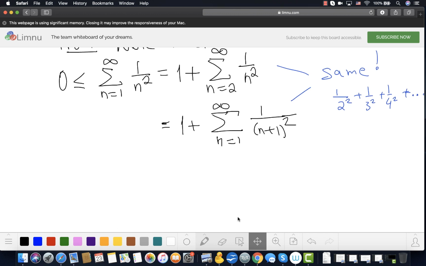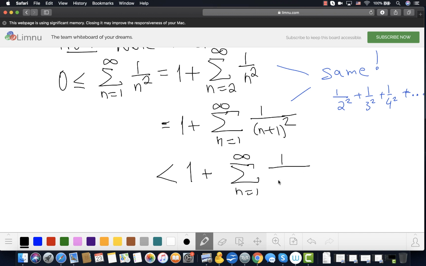Now, why did we do it this way? Because now I can use comparison as follows. So this is less than 1 plus... now I want to make my sum here bigger, right? I need to make all these terms bigger. I can make it bigger as follows.